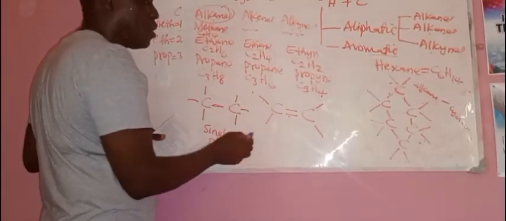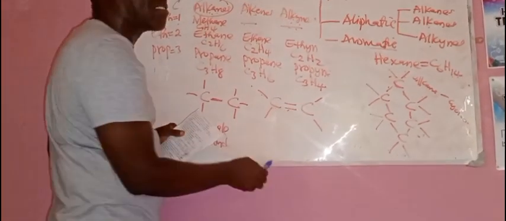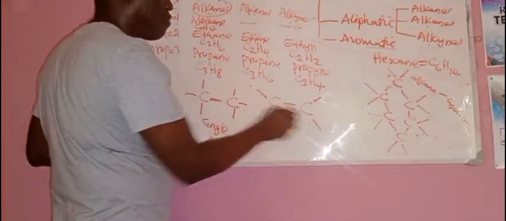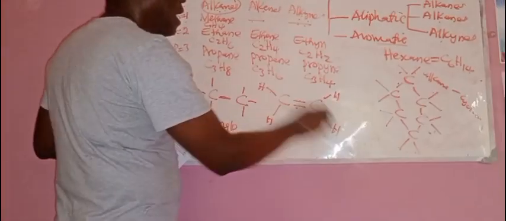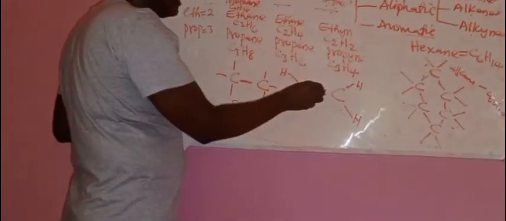You can see that the hydrogen is 1, 2, 3, 4. It must not be more because carbon is tetravalent. So alkenes must have at least one double bond. See, this one is a double bond.